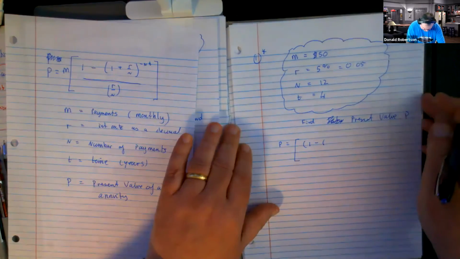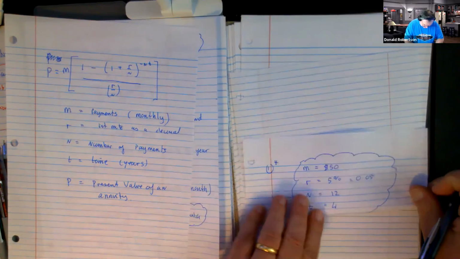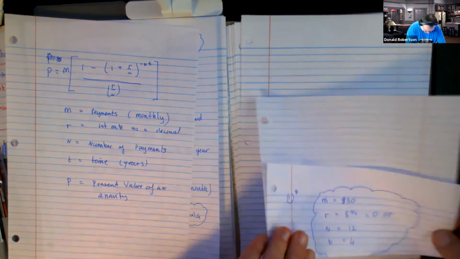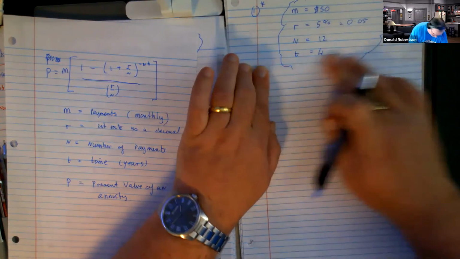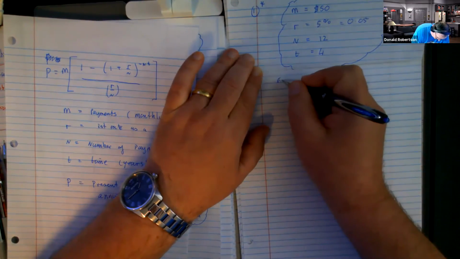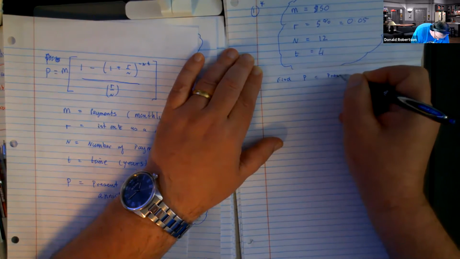Start again. So we're going to find P, which is called the present value.